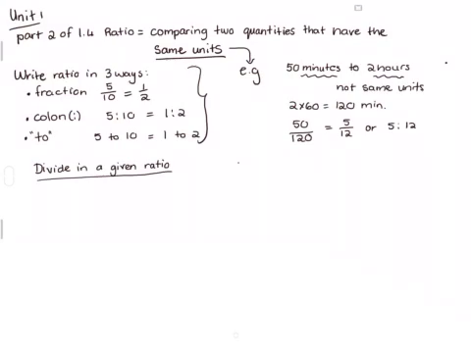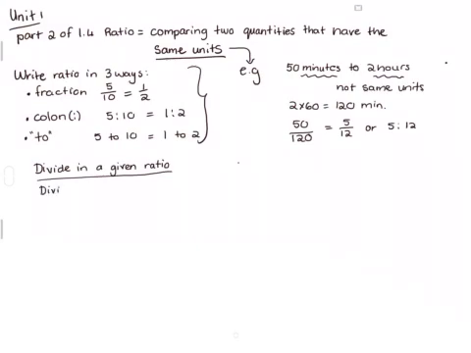Divide in a ratio, what often happens is if a number of people start a business together, but they don't all put up the same starter capital. So then obviously your profit, you want to divide it according to the amount of starter capital that each person gave.